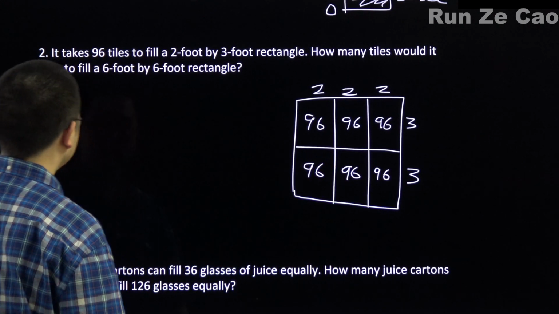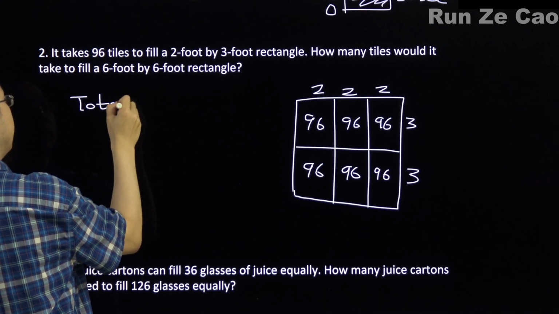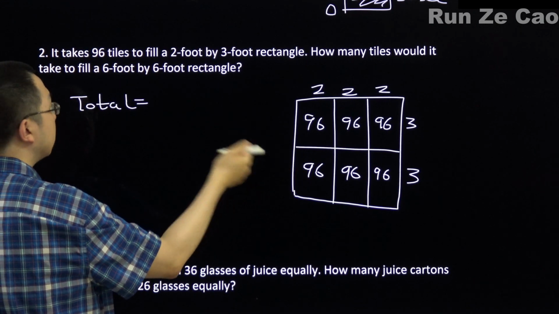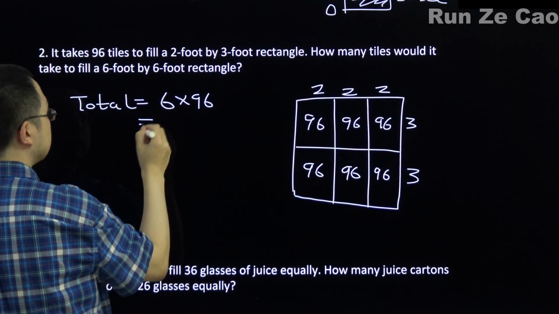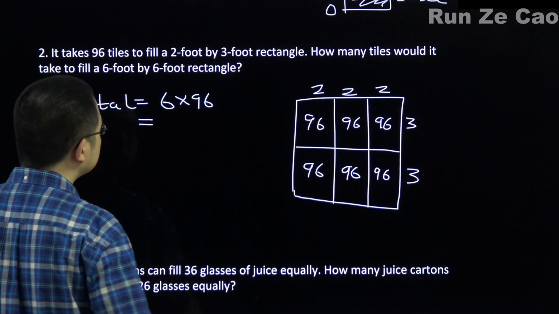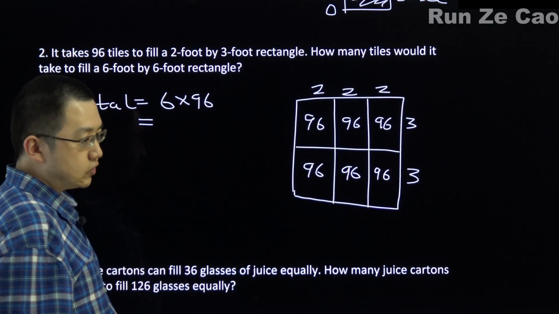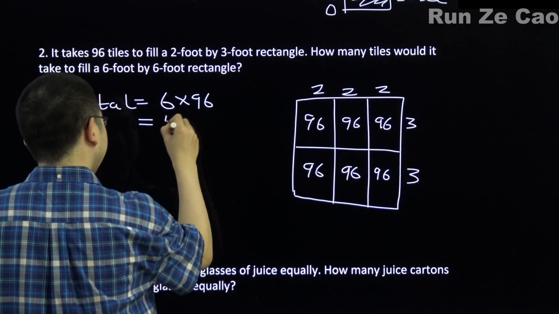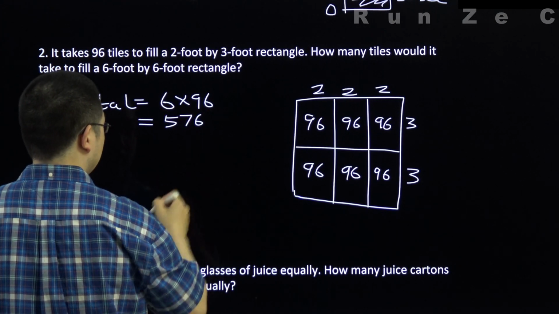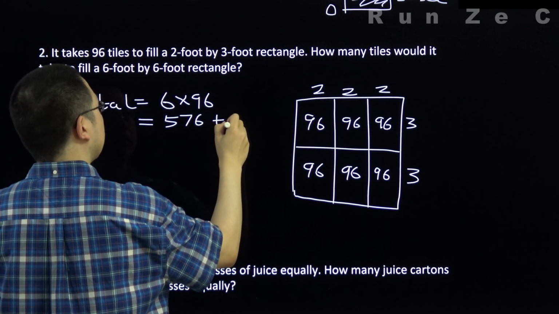So, total is equal to, we can clearly see that it's going to be 6 times 96, which means, well, this is 100 minus 4, so we get 600 minus 24, 576 tiles.